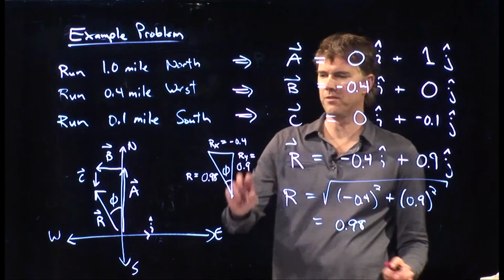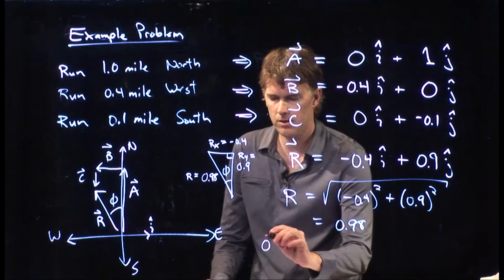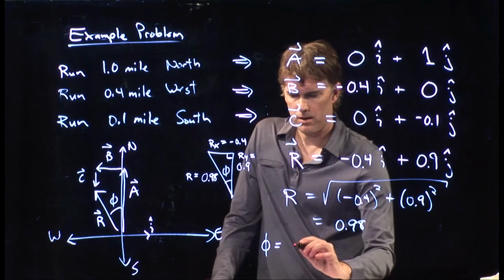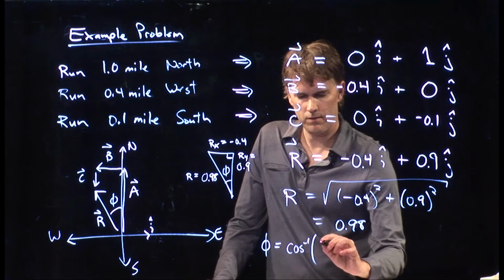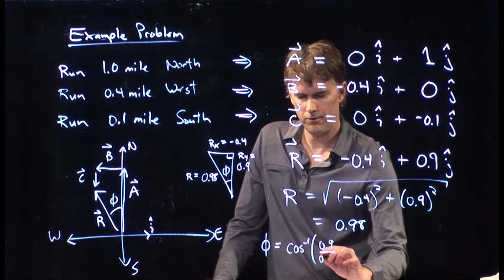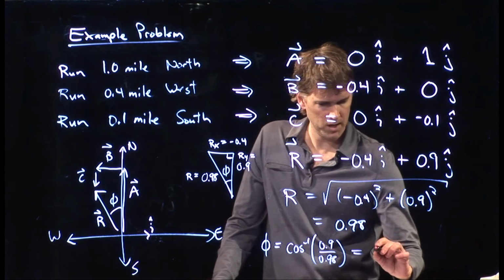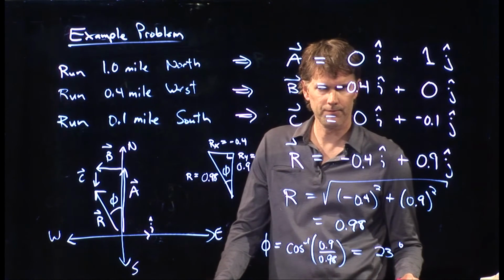Okay, those are the three sides of our triangle. This is, again, a right angle. And so phi, you can do any trig relation you like, but let's take the arc cosine of 0.9 over 0.98. And if I remember right, I think we got 23 degrees. Okay?